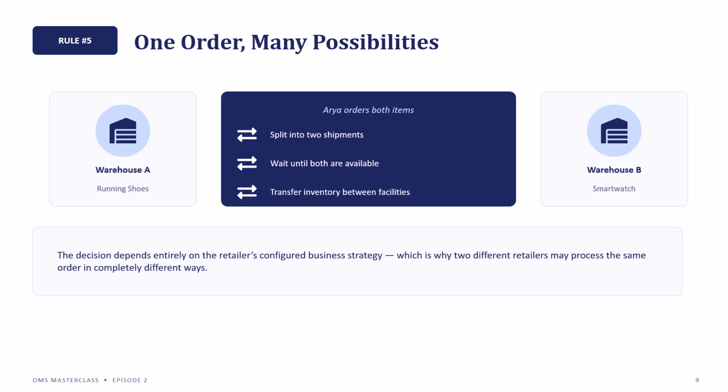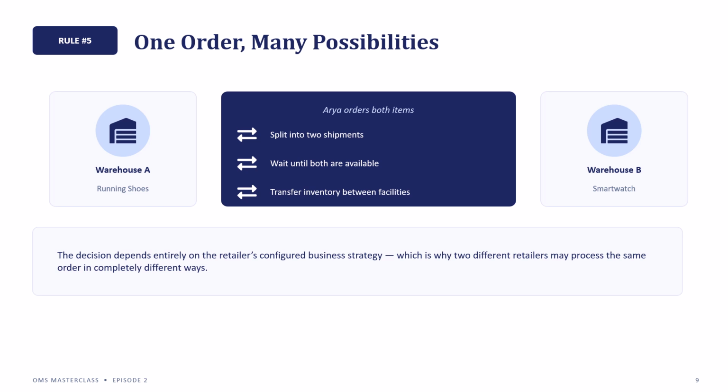It can ship both products separately so Arya receives them as quickly as possible. It can wait until both products are available at a single location and send them together. Or, depending on the retailer's business rules, it can transfer inventory between locations before fulfillment. The right decision depends on the retailer's priorities. Some businesses focus on faster delivery, others focus on reducing shipping costs.